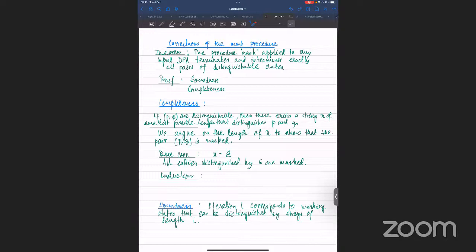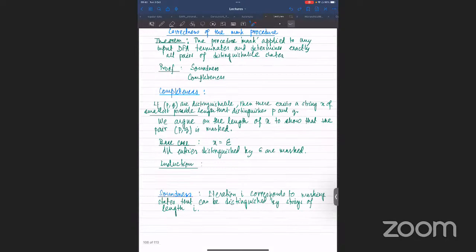Clear? So there exists a string X of minimal length which distinguishes this pair of states P and Q. And suppose you consider the base case where X is epsilon. So essentially it means that the length of X is 0, and all entries which are distinguished by epsilon are marked, right? In the beginning, all the entries. So we are proving completeness.